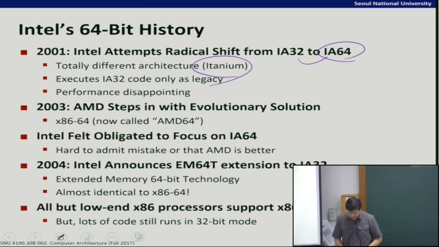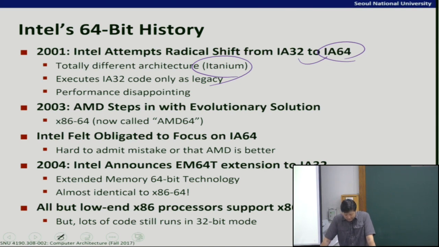But you can execute IA32 architecture code by emulating it. So efficiency is pretty bad, and performance was not very good. So eventually, they closed this product line. They just gave up.